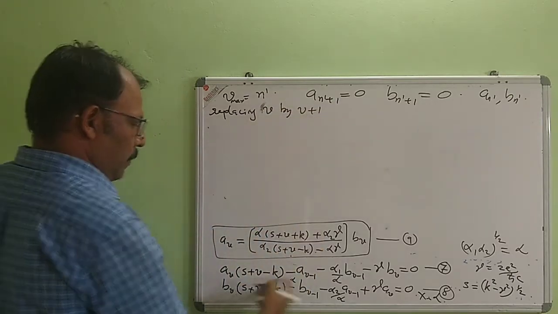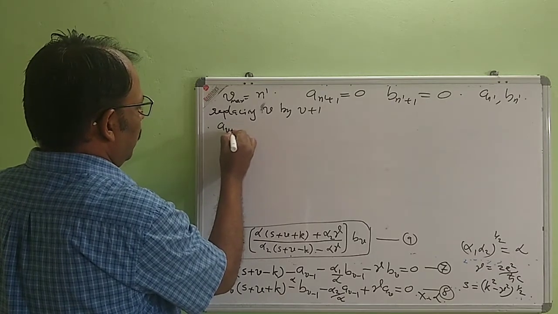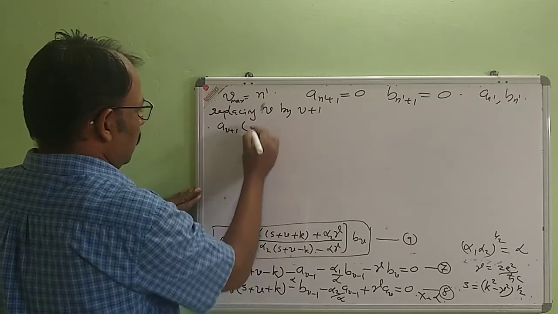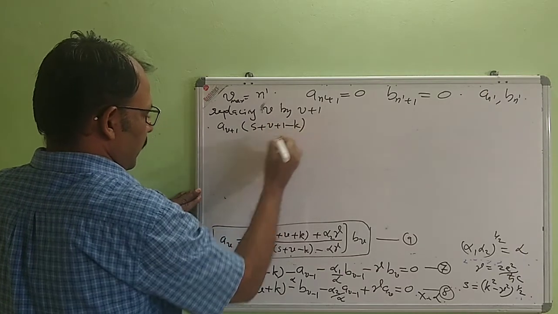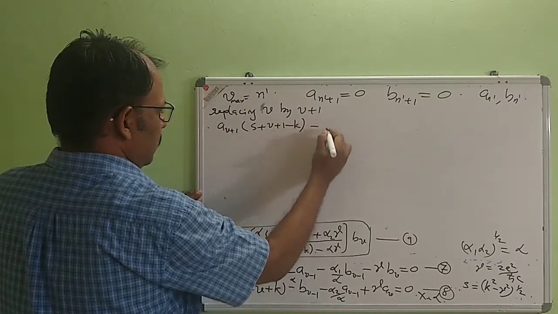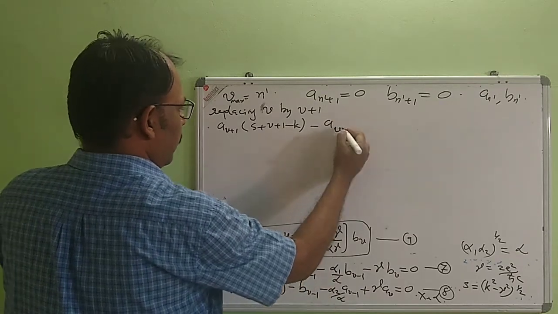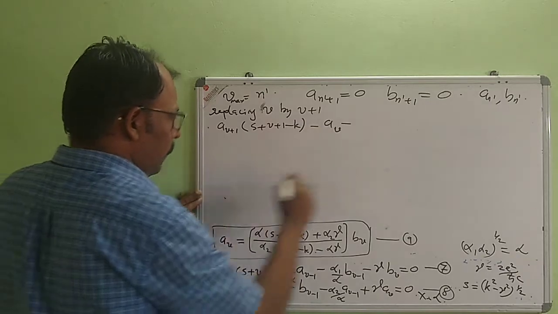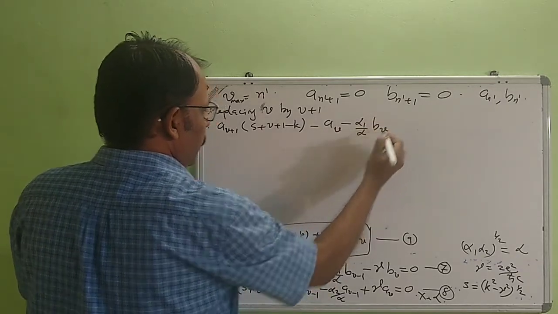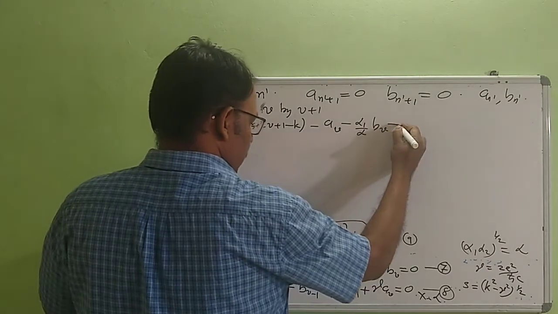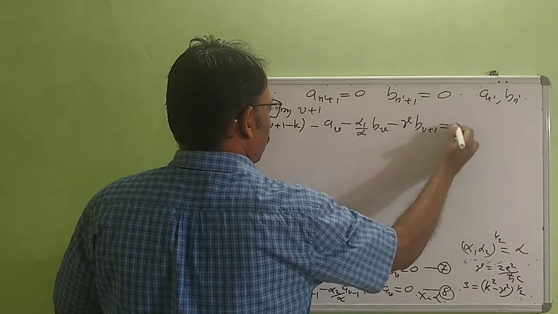If I replace v by v plus 1, this equation becomes a v plus 1 times s plus v plus 1 minus k minus a v minus alpha 1 by alpha b v minus gamma b v plus 1 equal to 0.